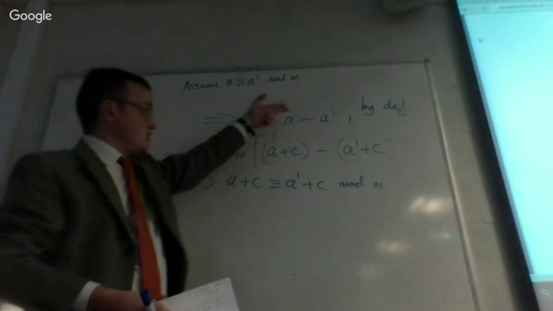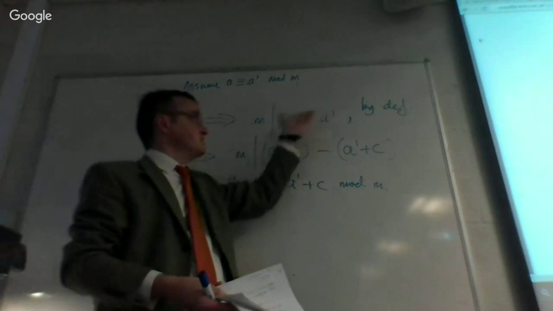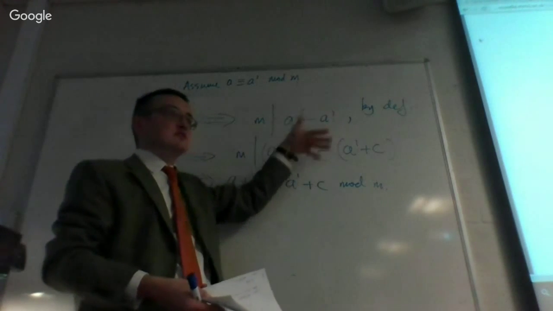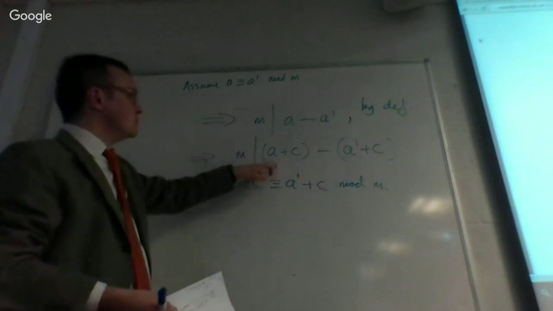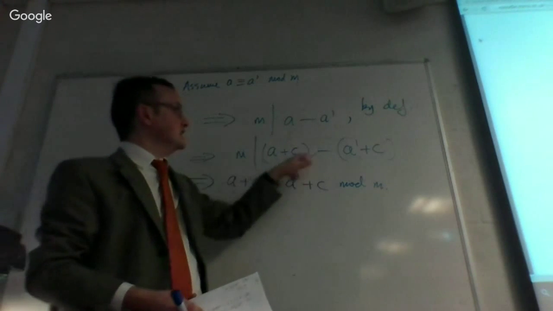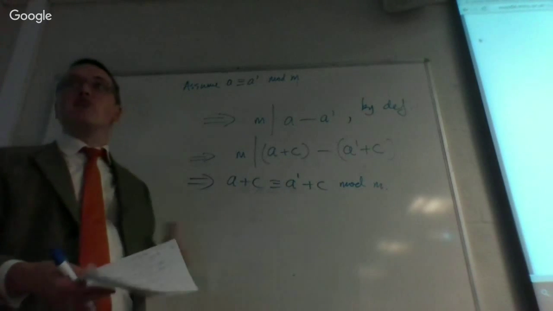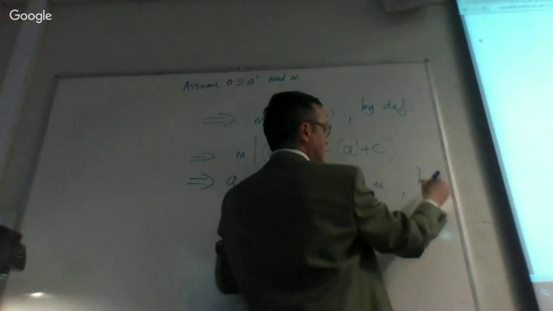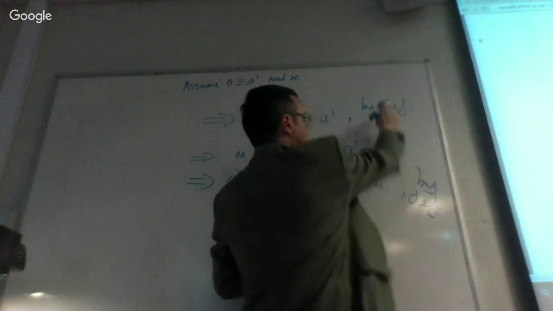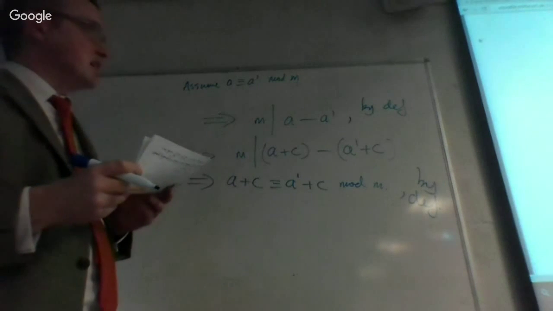So that's just a bit of algebraic manipulation, using commutativity and associativity of addition and subtraction, just basic algebraic properties. But then we note that n dividing the difference of these two is exactly the definition that a plus c is congruent to a prime plus c. So the justification for that final step is by definition as well. Just two instances of appealing to the definition of congruence.